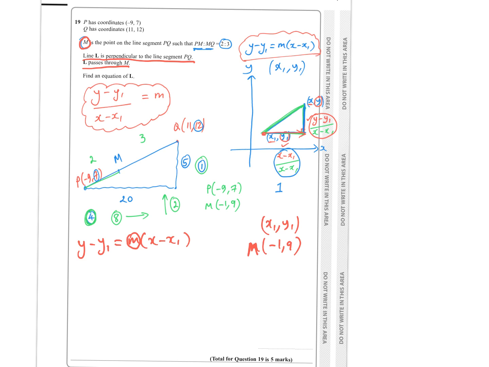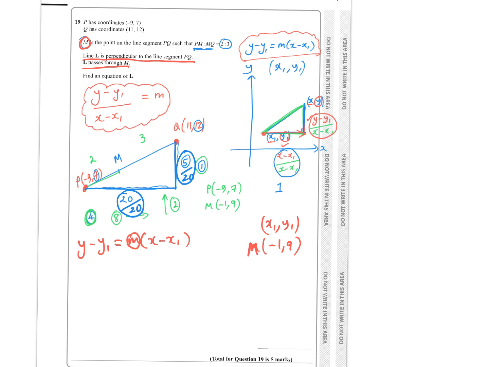Now, it says that the line is perpendicular to the line segment P to Q. Well, we can definitely find that gradient, can't we? In fact, we've really found it in its lowest terms, because if we say to ourselves, it went along 20 here and then 5 up, well, we could scale that down by 20 each way, and that would mean that for every 1 I went along, i.e. 20 out of 20, I'd go up by 5 out of 20, which is a quarter.